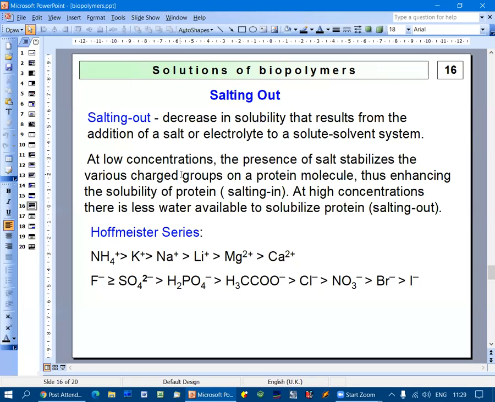But at high concentration of a salt, the process of salting out will take place.